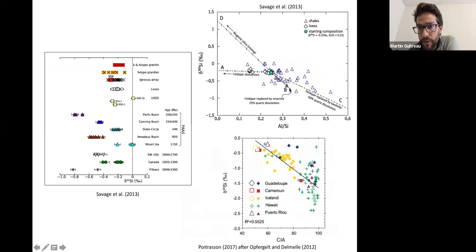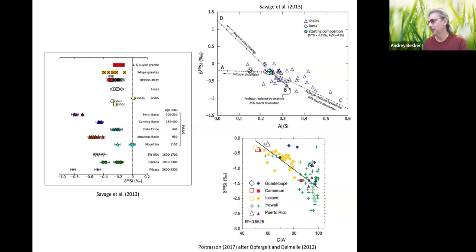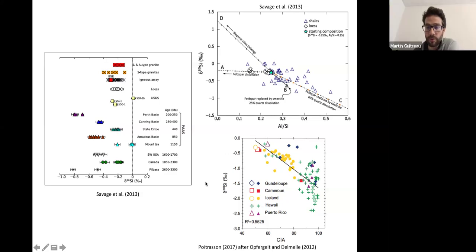So that's a smectite trend, and this is the kaolinite trend. Of course, it depends on how you modify the rock by replacing minerals with clay. So it doesn't totally answer your question, but kaolinite will definitely help reach lower values than smectite. Okay, thanks, Martin. But I know there are data in the literature where you actually have the fractionation factors.